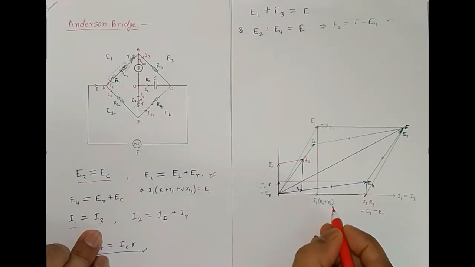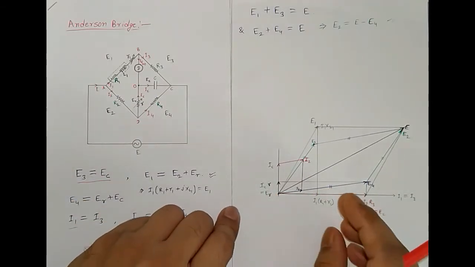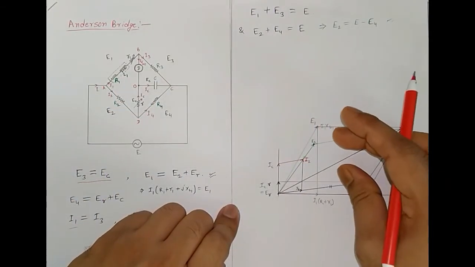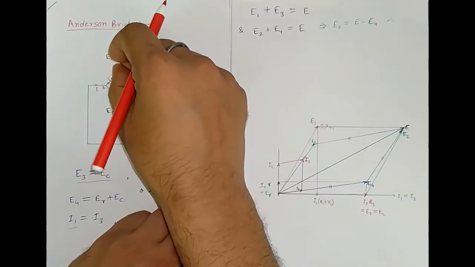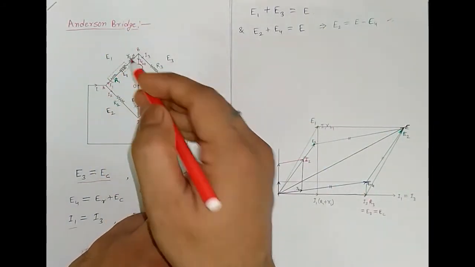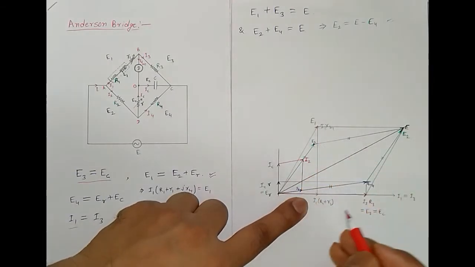So I1 into R1 will be on the same line, and I1 into XL1 gives us the voltage drop across this pure inductive portion only. So this will be in the positive y direction, 90 degrees upward from this line. So this will be I1 into XL1.